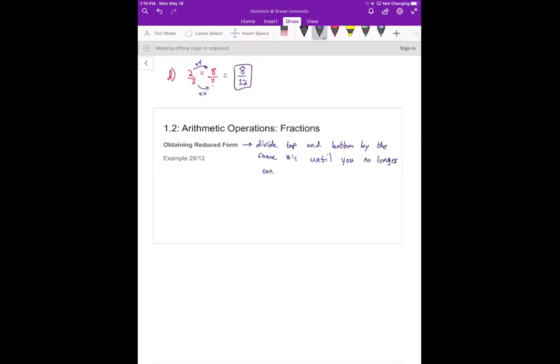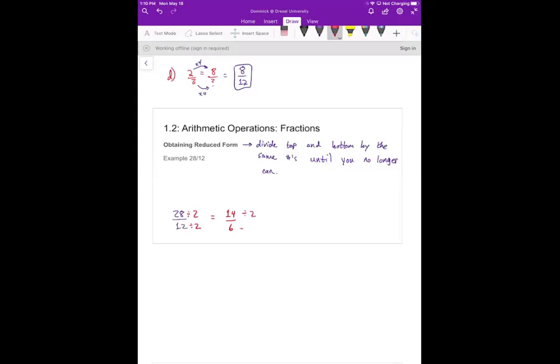All right, and of course, if you pick your first number wisely, then that cuts down the time, and I'll show you what I mean by this. So if you have 28 over 12, one option is to divide both of these numbers by 2. I think that's easy to see. Both of these numbers are even, so you can always divide by 2. If you do that, in the top you get 14, and in the bottom you get 6. These numbers are still both even, so we could do this again.